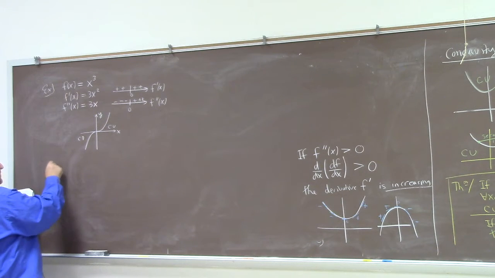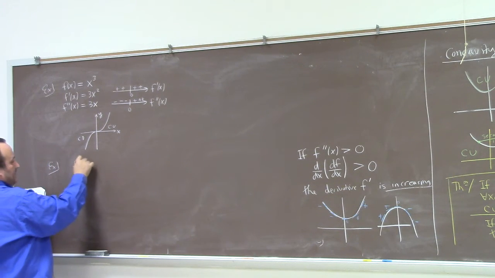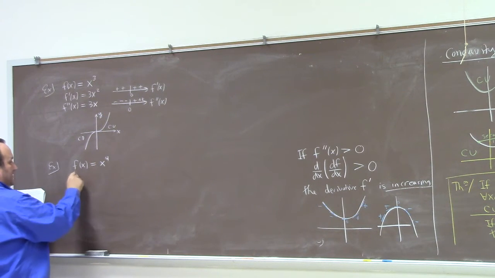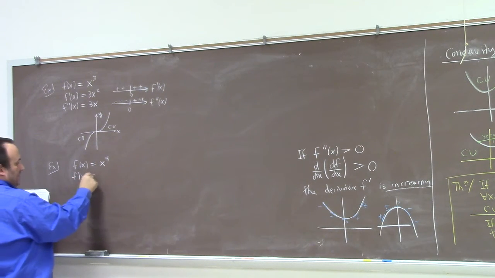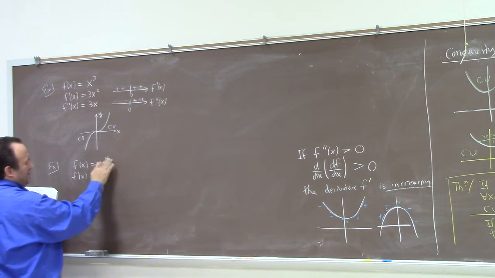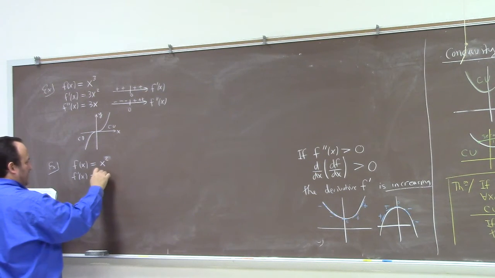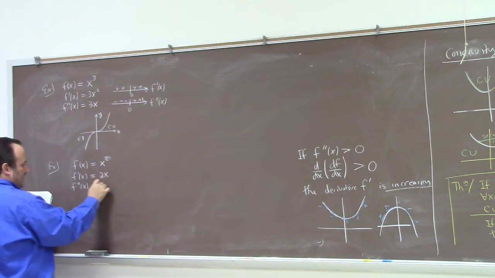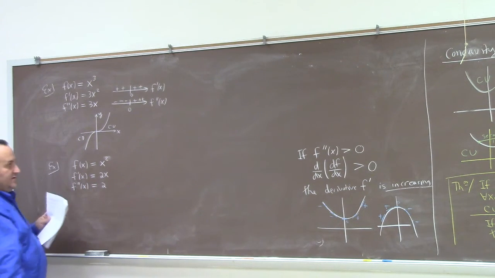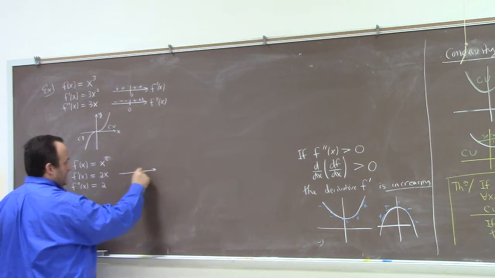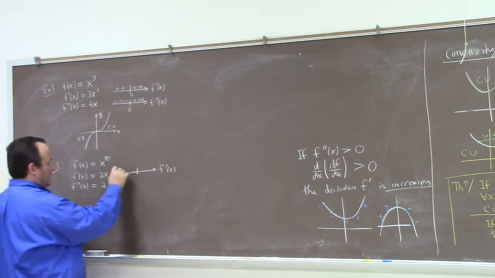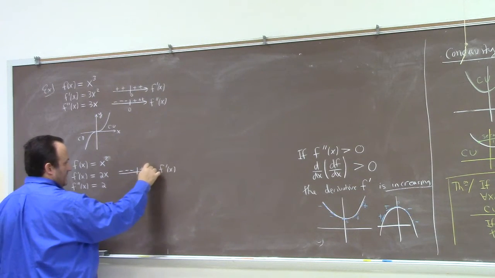One more easy example. f of x equals x squared. I'm sorry, x to the 4th is too much. So f prime of x is 2x. f prime prime of x is 2. So there's just 0 for f prime of x, right? And it changes from negative to positive.